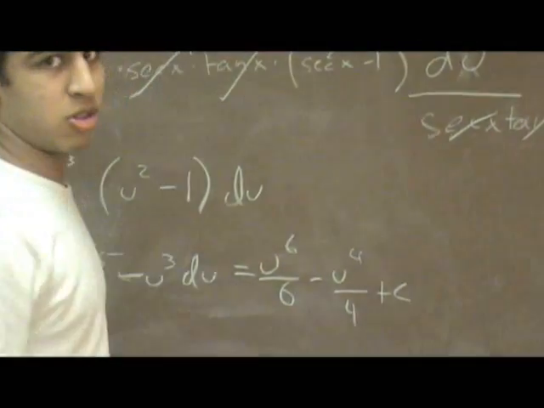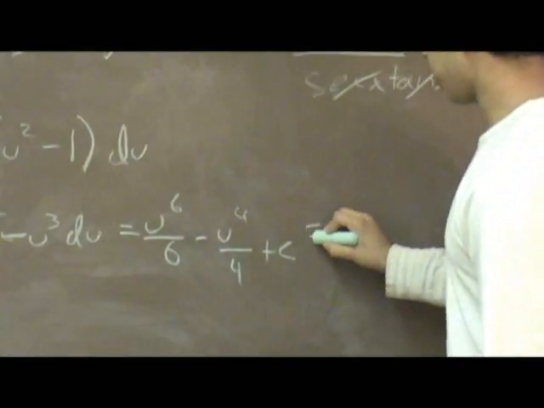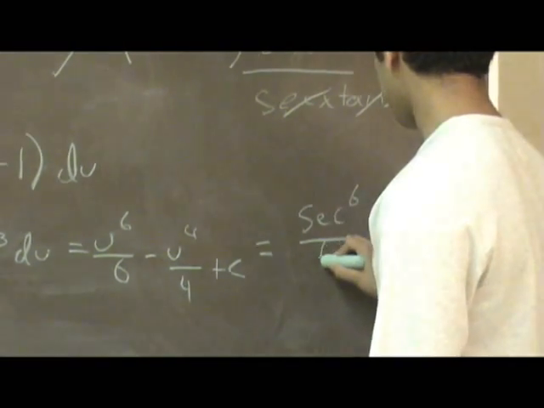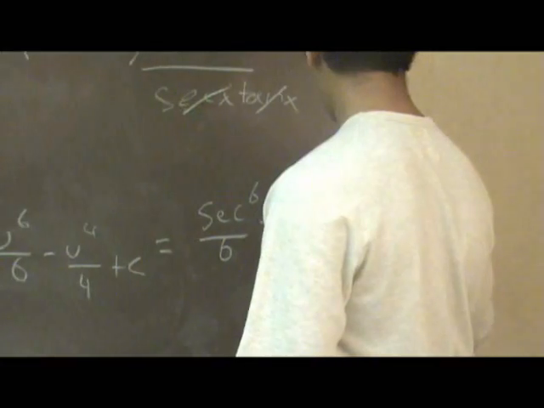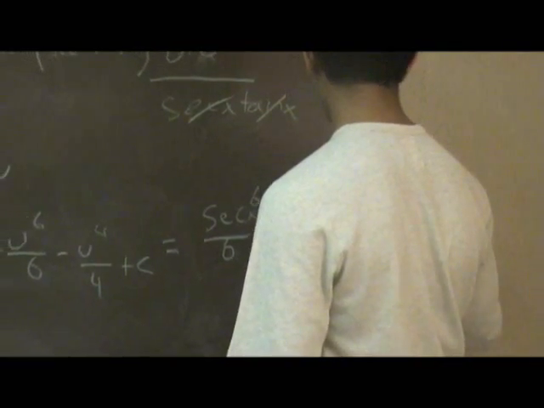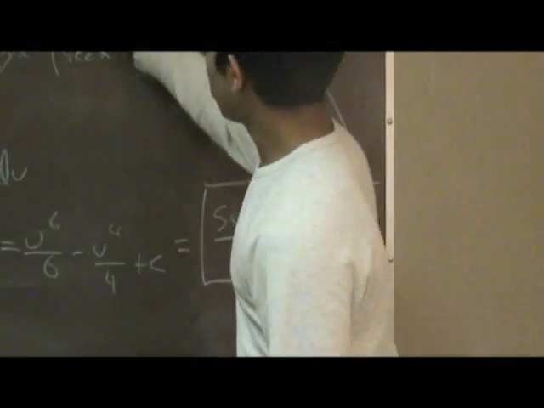And this is substitution, so we need to unsubstitute. Therefore, this becomes secant to the sixth over 6 minus secant to the fourth over 4 plus c. And this is your answer to this.